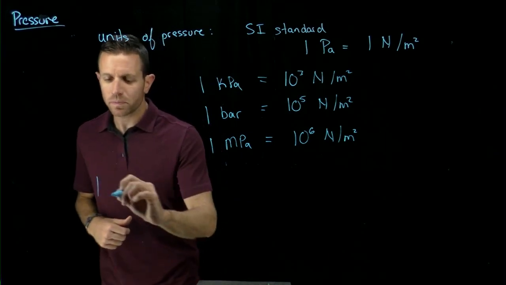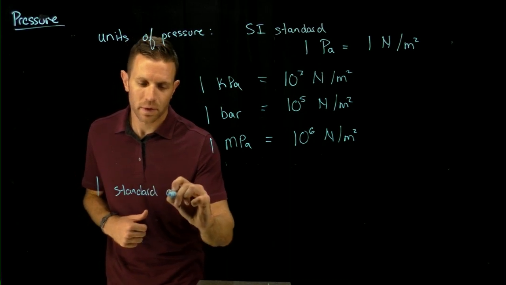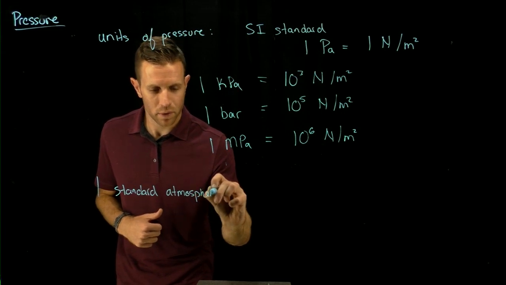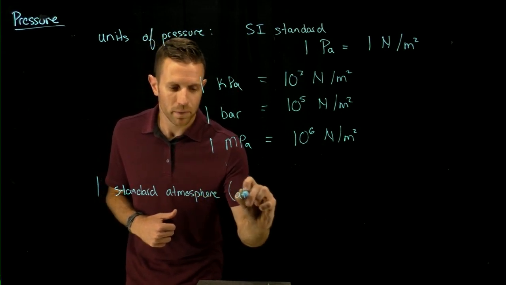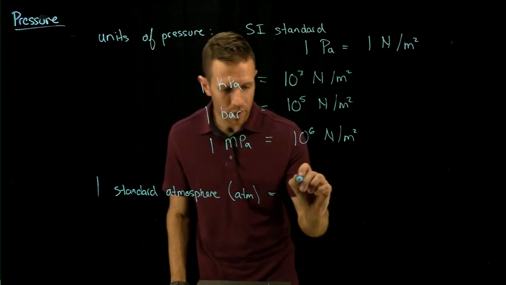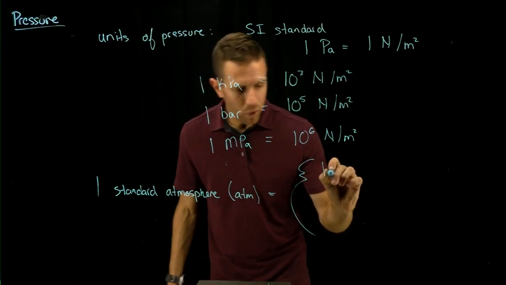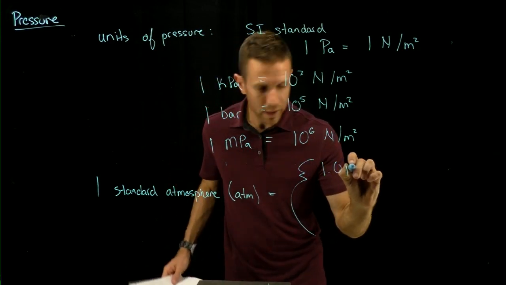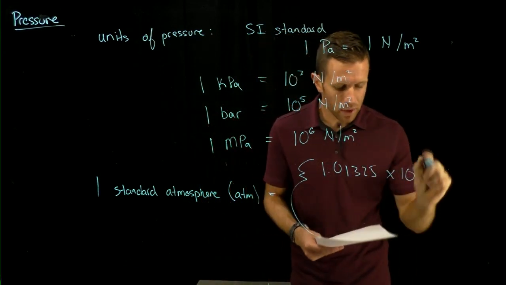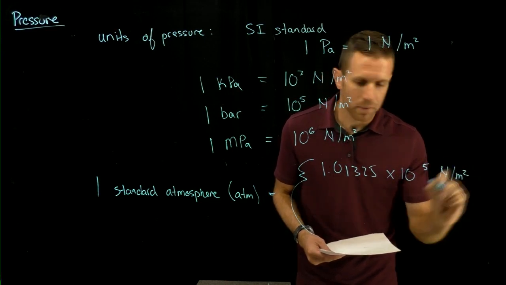So, 1 standard atmosphere, often denoted as ATM, is equal to 1.01325 times 10 to the fifth pascals, or newtons per meter squared.